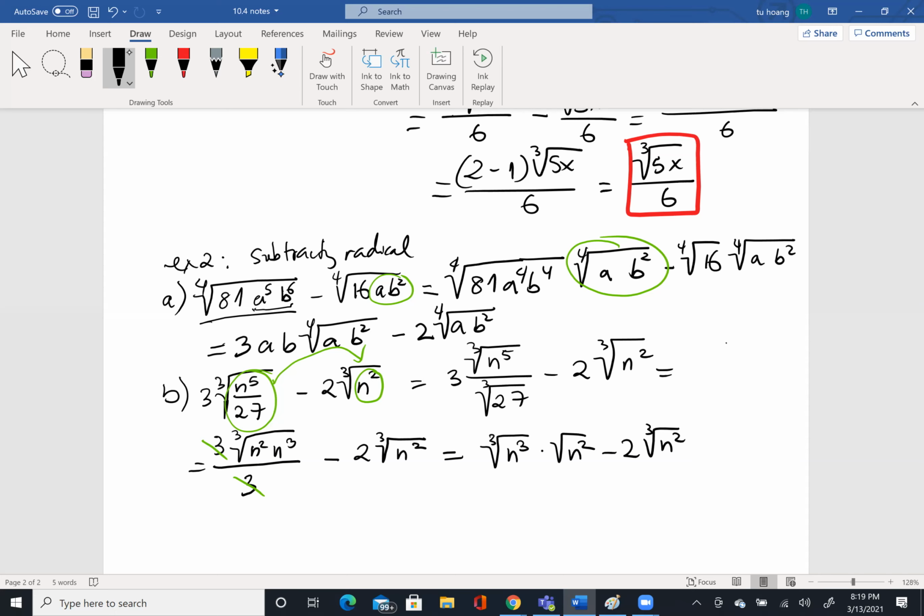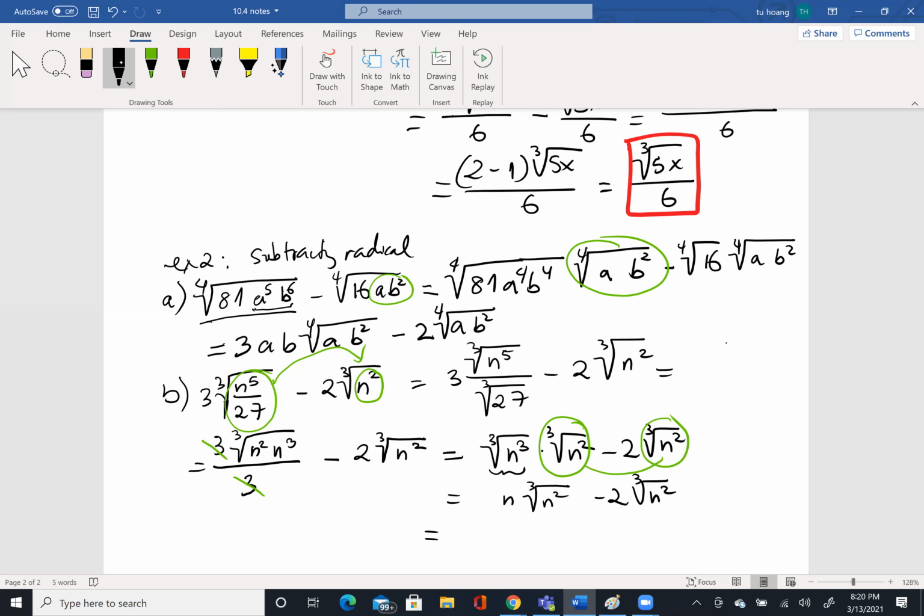So now I actually have radicals already, and I can also simplify the cube root of n cubed to become n only, multiplied by cube root of n squared minus 2 cube root of n squared, and simplify.